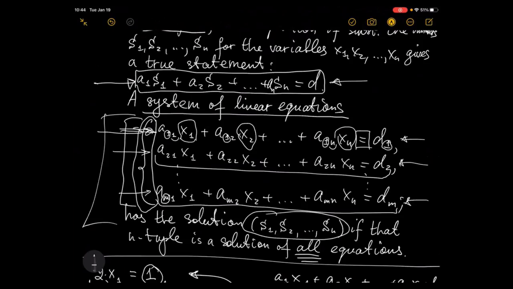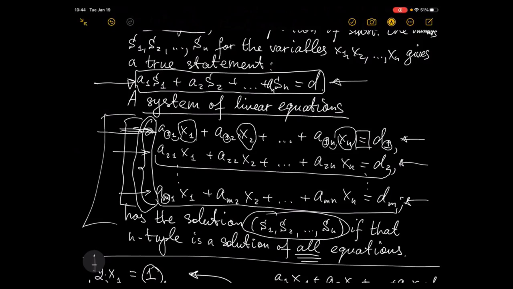if I swap the rows, right? So it will stay the same. It still will satisfy all of the equations. Clear or not? Clear.